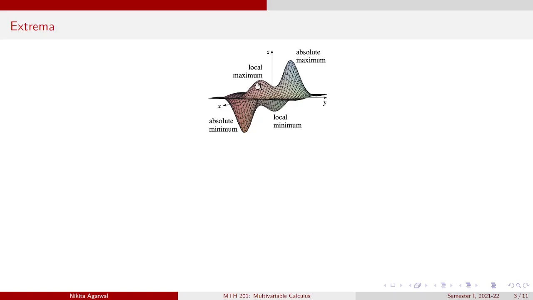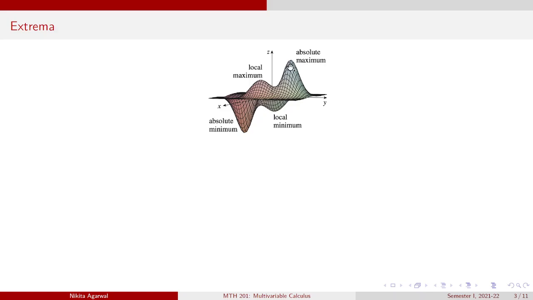If you look at this point, locally it's a maximum, right? If you compare the value of the function at this point, it's bigger than all the values that happen in a local piece, right?